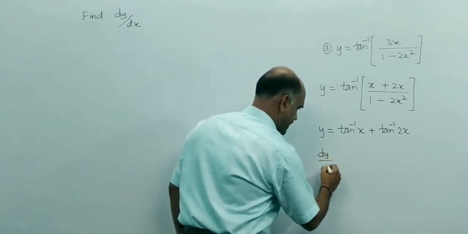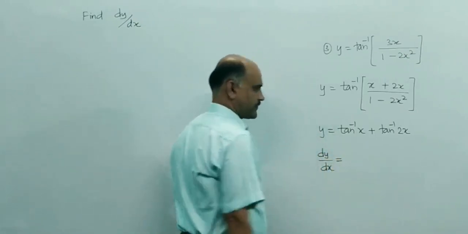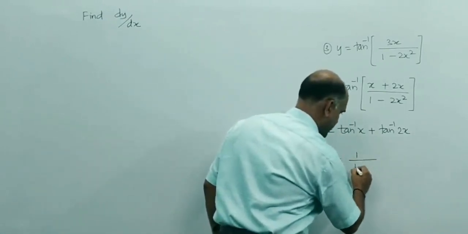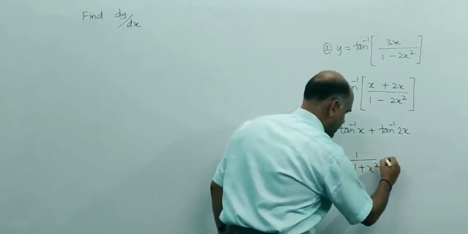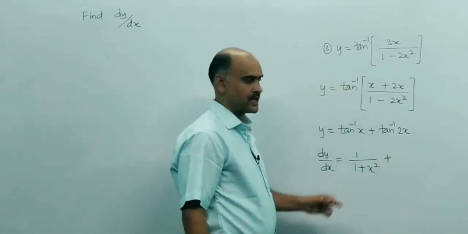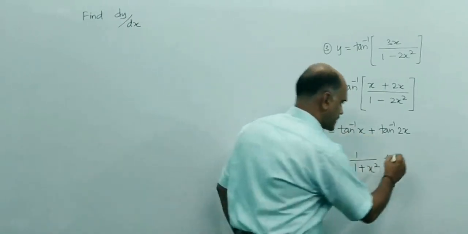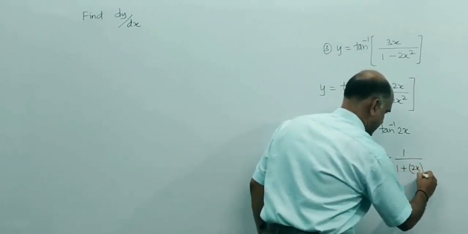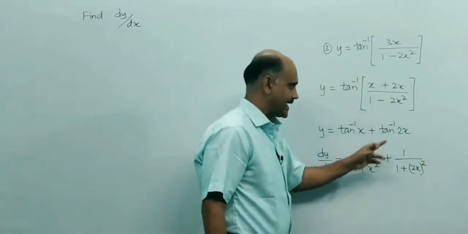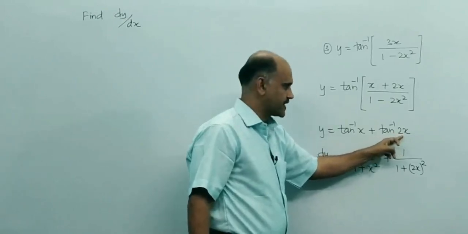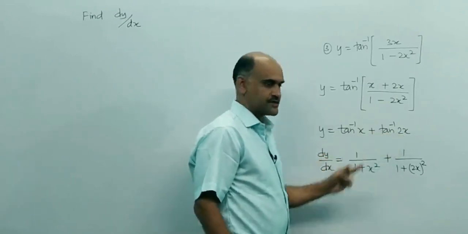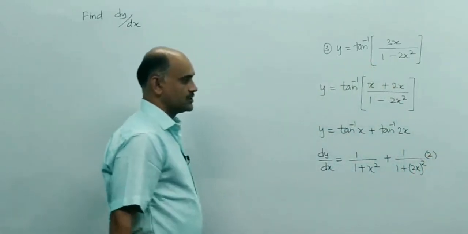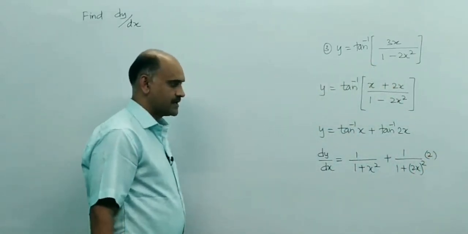So dy by dx is equal to tan inverse x differentiation, 1 by 1 plus x square, plus tan inverse 2x differentiation, which will be 1 by 1 plus (2x) square, and again by chain rule you should differentiate 2x. So differentiation of 2x will be into 2. So finally you simplify and keep.